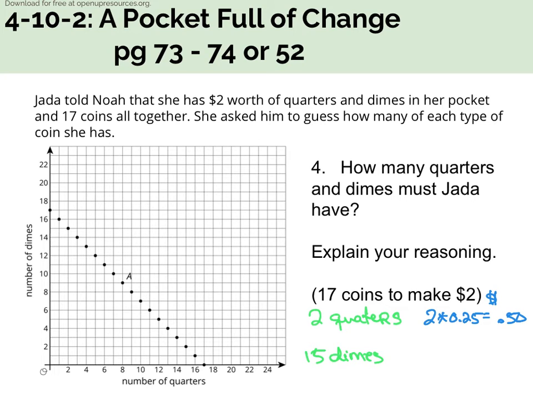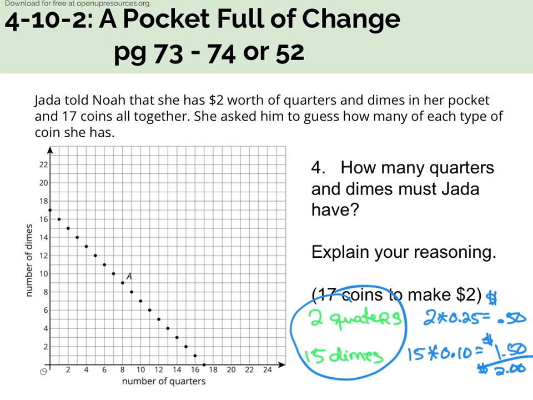Then 15 times 10 cents, so 0.10, that is $1.50. If we add those together, does it make $2? Yes, it does. So Jada needs 2 quarters and 15 dimes.